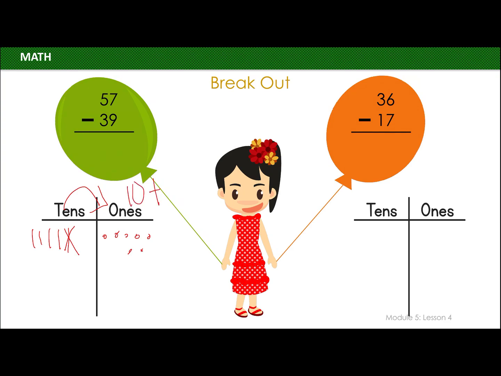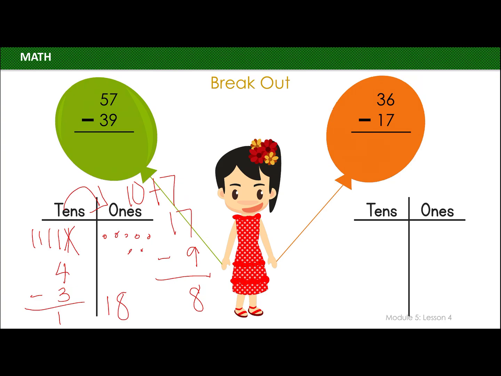So I'm adding my 10 plus my 7, which gives me 17 1s now. And I'm going to be subtracting 17 minus 9 of those 1s, which gives me 8. And I took away one of my 10s, so I'm now left with 4. And I need to subtract 3 from that 4, which gives me 1. So my answer is 18.